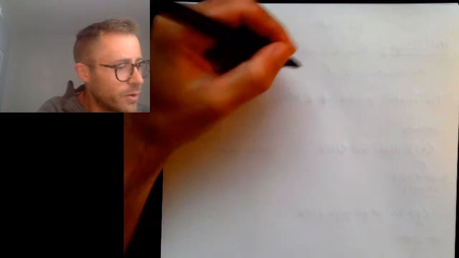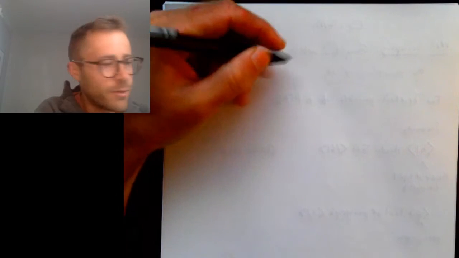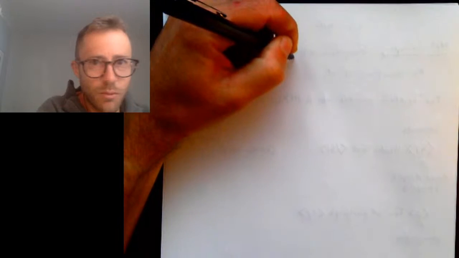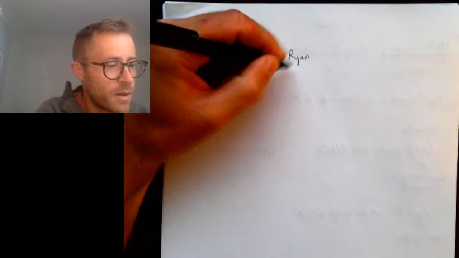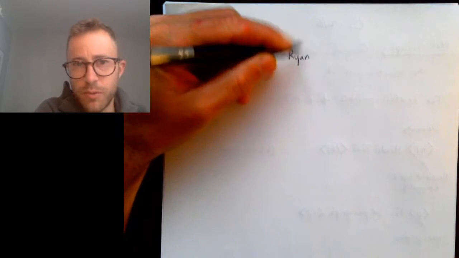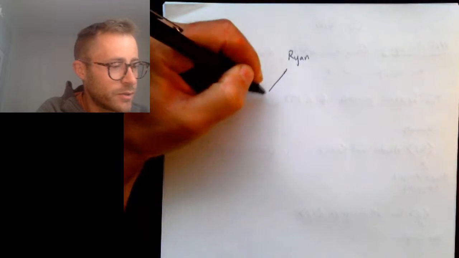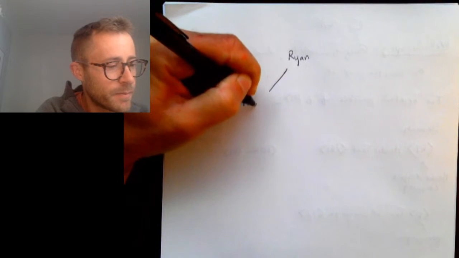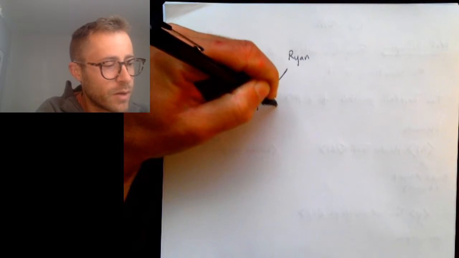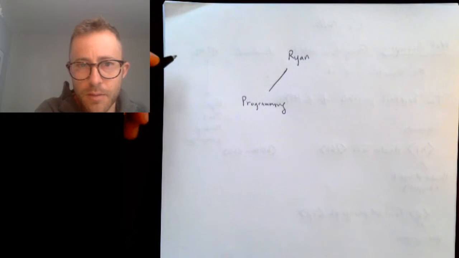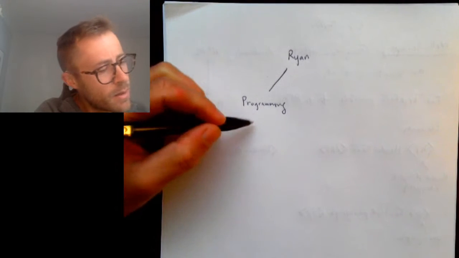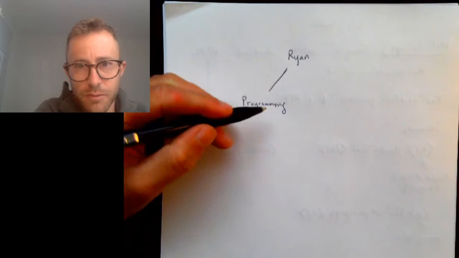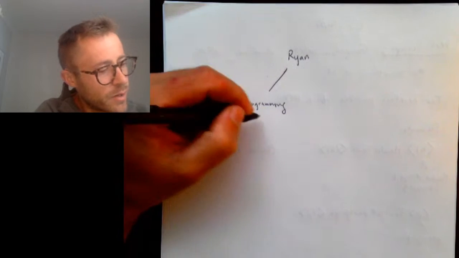If you look at the structure of my computer, I have a folder called Ryan, that's my user folder, because that's my username. And then one of the folders in the Ryan account is my programming folder, where I have all of my Java files and Python files and whatever I'm messing around with.